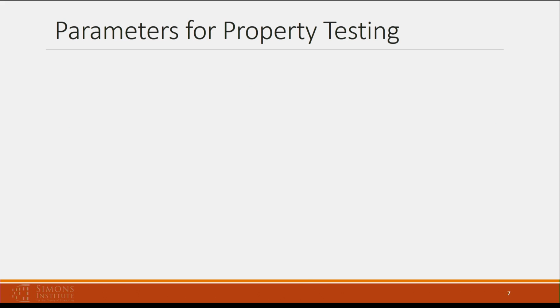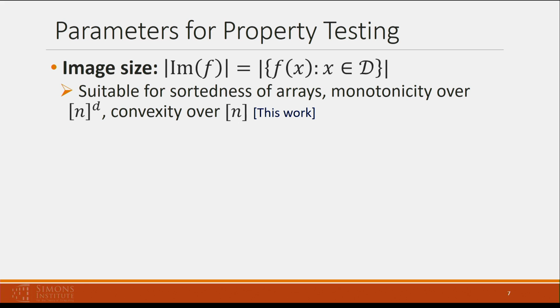So let me give some parameters for property testing now. The parameter that we studied in this work is the image size, which is basically the number of distinct values that the input function takes. And this parameter is suitable for sortedness of arrays, monotonicity over hypergrids, and convexity on the line.